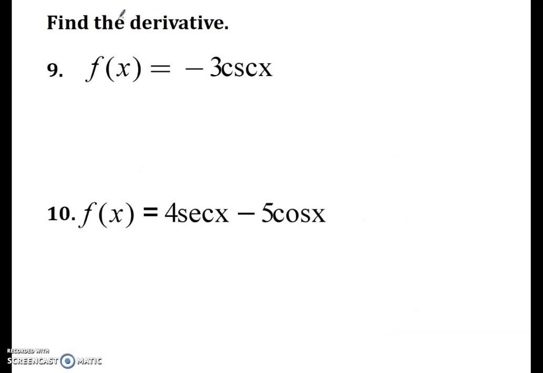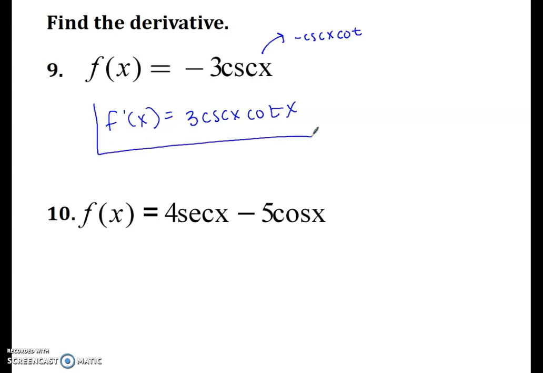So on number 9, to find the derivative of f of x, I'm going to see that the derivative of cosecant is negative cosecant times cotangent. So that just means this negative 3 is now going to be a positive 3, and then it'll just be cosecant of x, cotangent of x. You don't have to go through the whole proof unless they tell you to use the quotient rule.